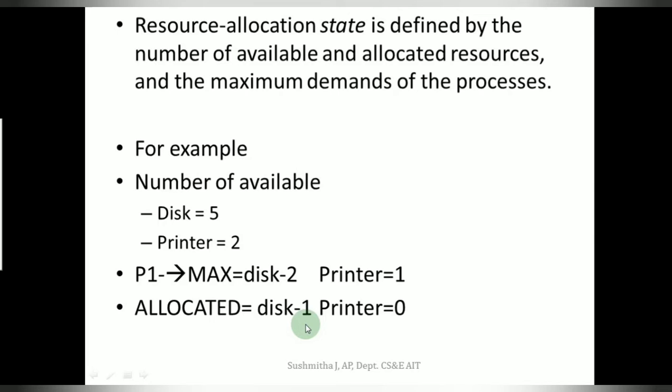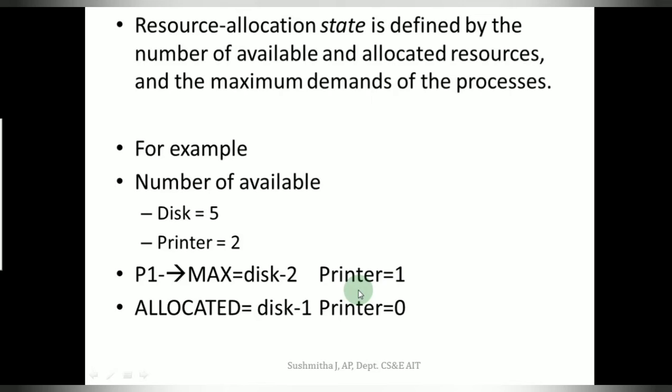So what does the avoidance algorithm do? It dynamically checks if I allocate another hard disk to P1, is it going to cause a deadlock? If it is not causing a deadlock, it shall be granted. If it is causing a deadlock, process P1 shall be put to wait.